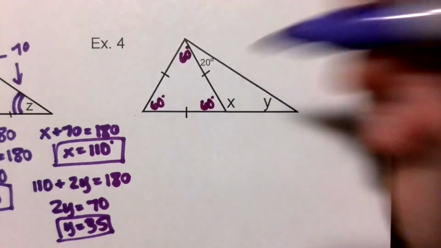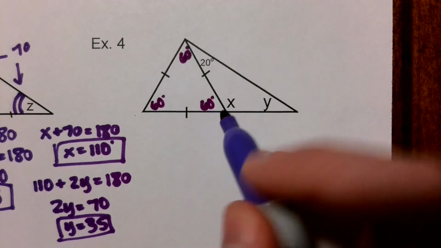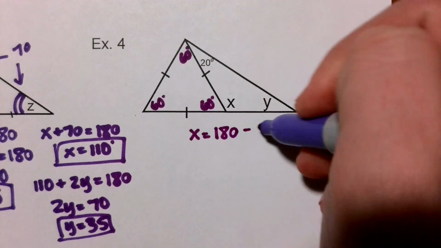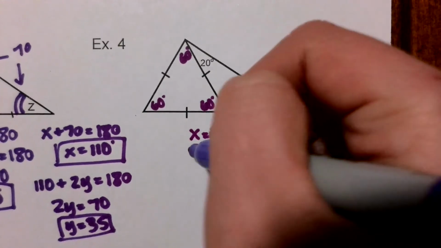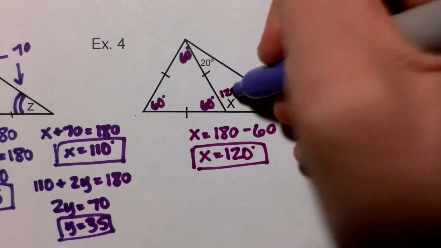It is equiangular, which allows us to solve for x, so subtracting from 180, our x is 120. And then we have enough information for y.